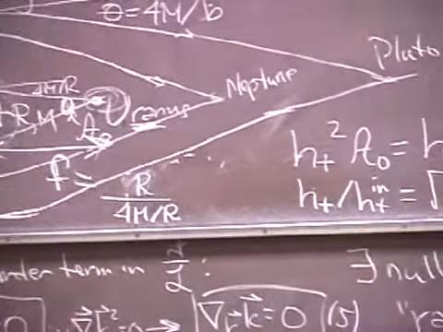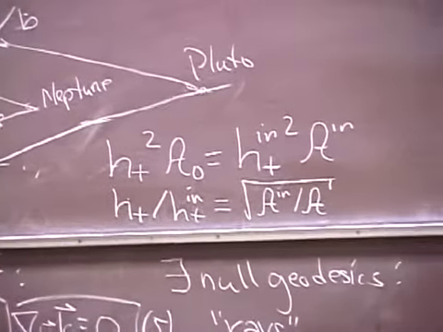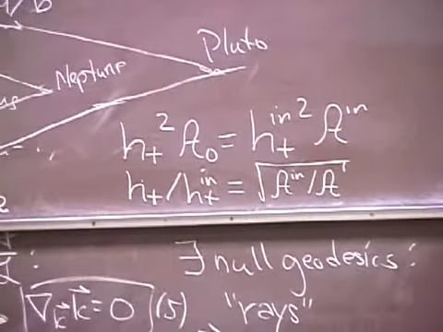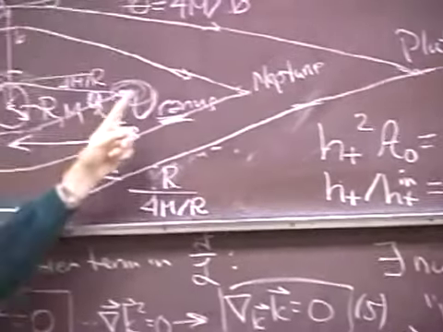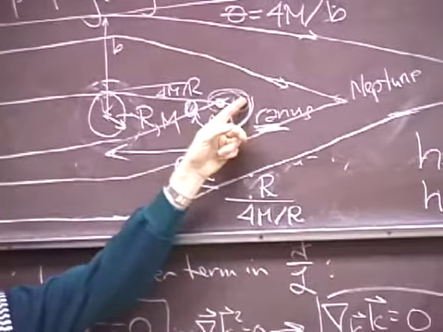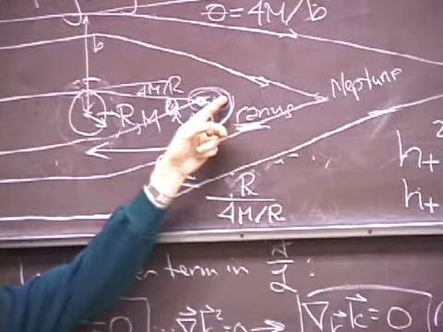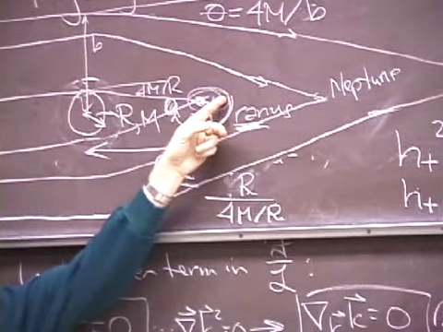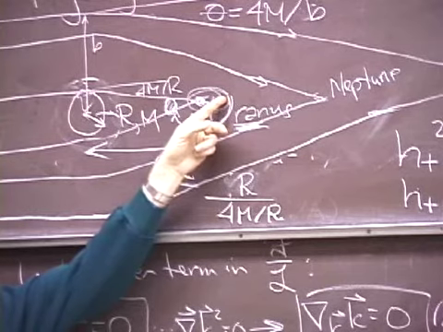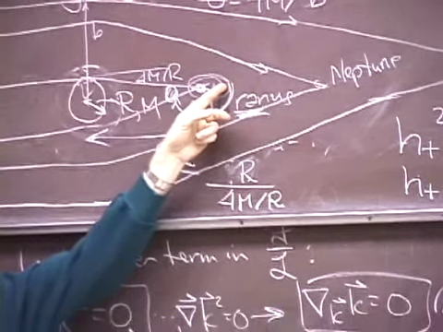So in fact, there were proposals some years ago to put gravitational wave detectors in space out near Uranus in order to see this huge amplification for gravitational waves that go through the sun. And then people realized you've got to worry about diffraction.